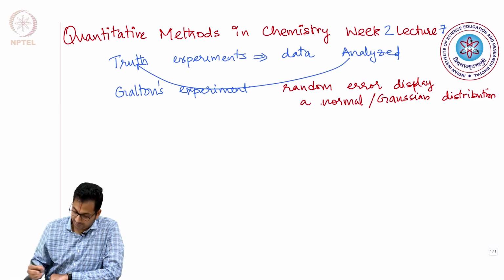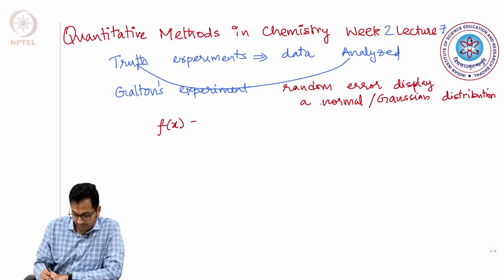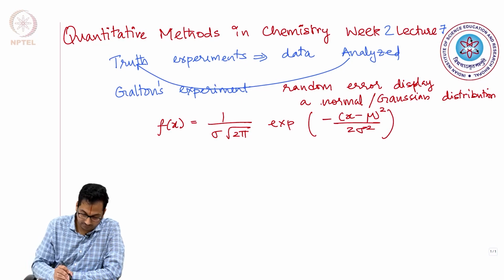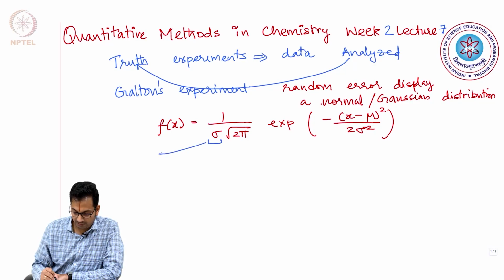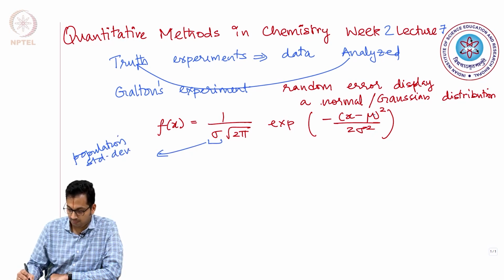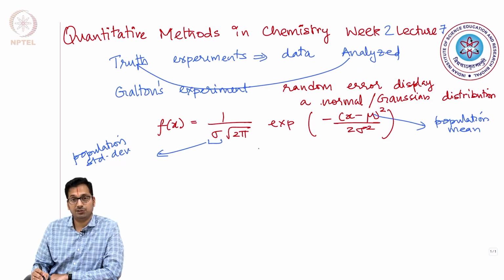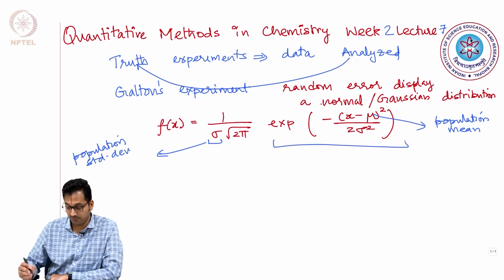The Gaussian distribution, let us say a function f of x, is defined as 1 over sigma times square root of 2 pi, e to the power minus (x minus mu) the whole square divided by 2 sigma square, where sigma is the population standard deviation, mu is the population mean, and basically this is a normalization constant, and this is the basic distribution.